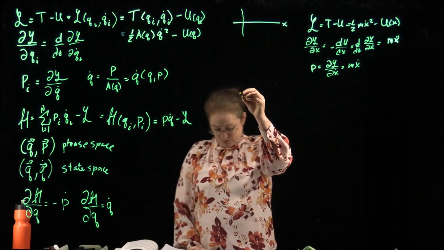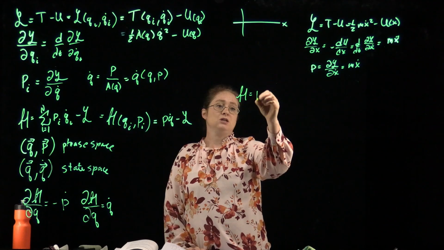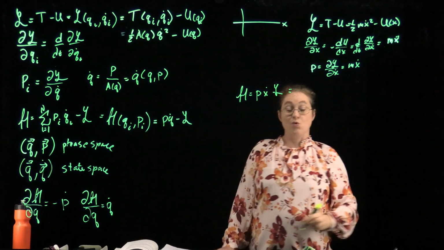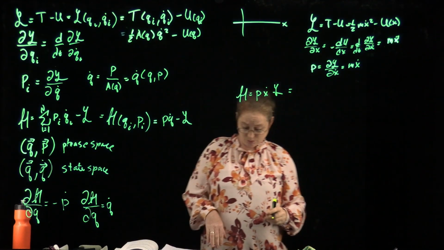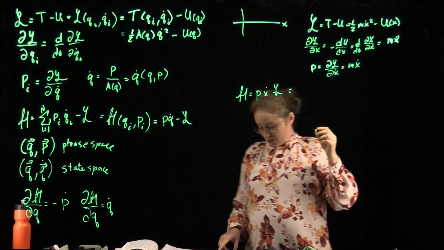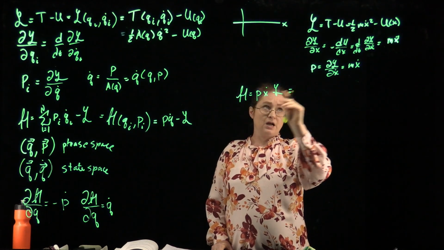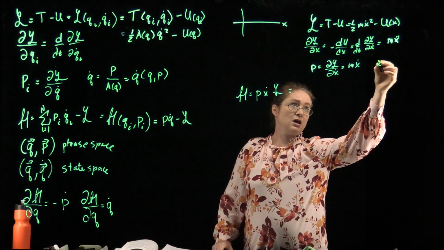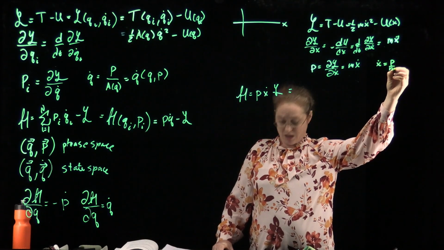We can then try the Hamiltonian approach. H equals pẋ minus the Lagrangian, but we now want to explicitly write it in terms of the momentum and not the velocity. So here, pẋ, I can write ẋ equals p over m.